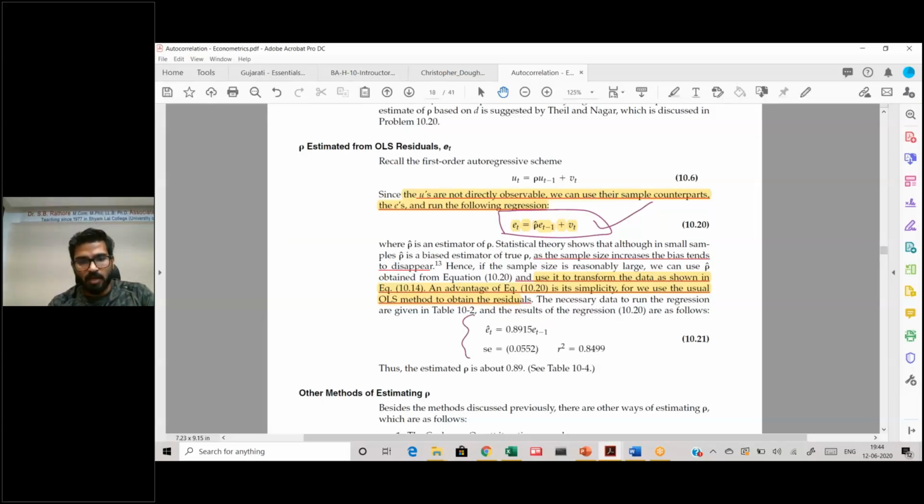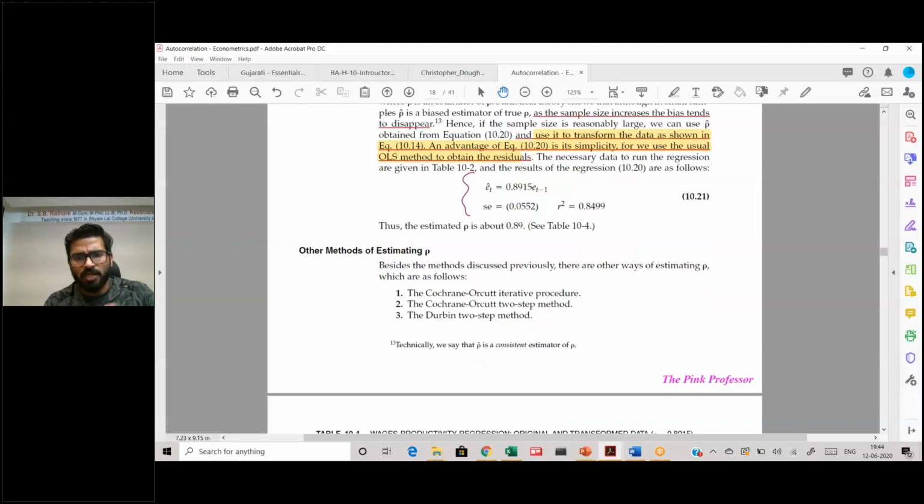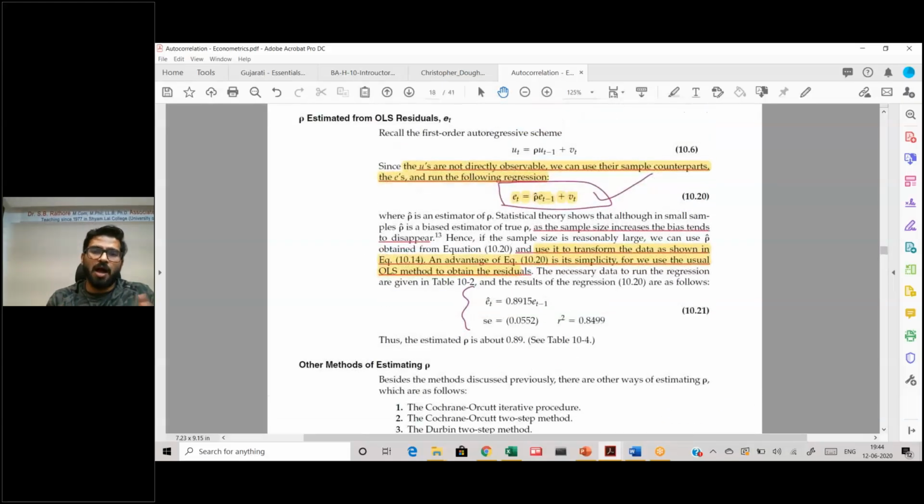So this is how you estimate your rho, and again, you are transforming your data into non-autocorrelated data by subtracting the previous period's data.